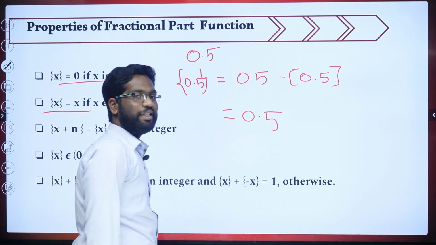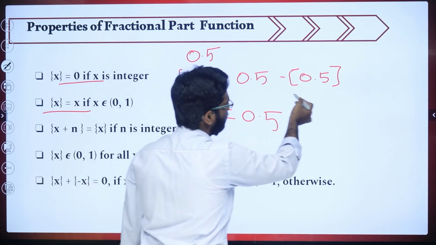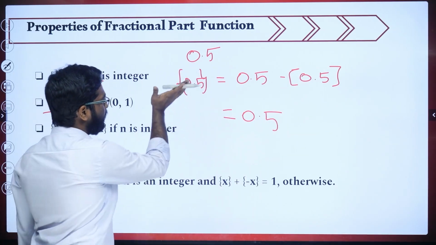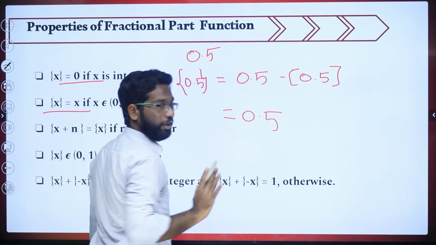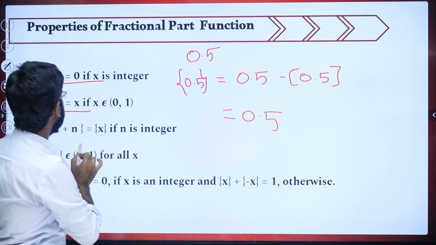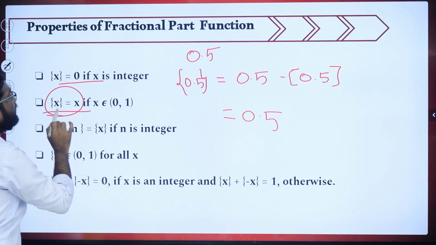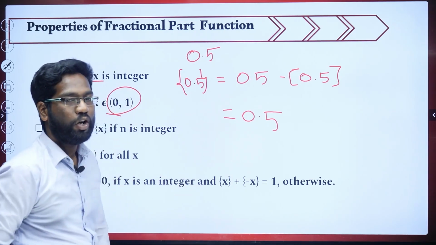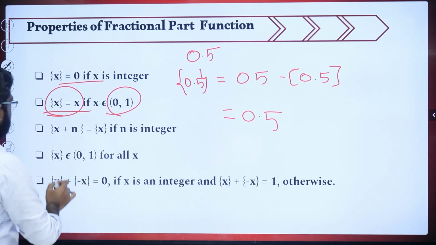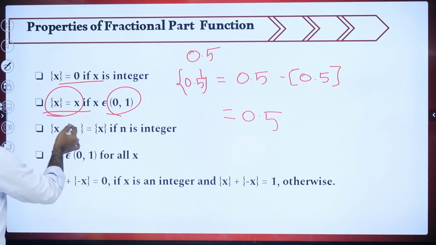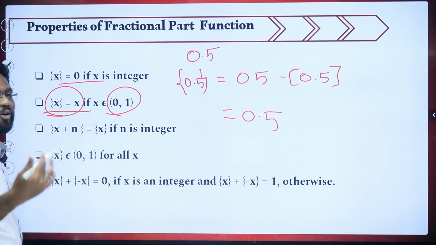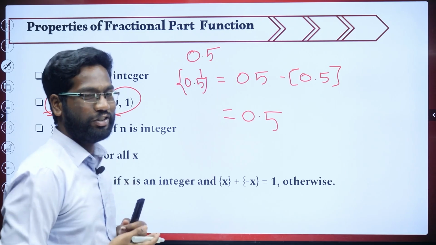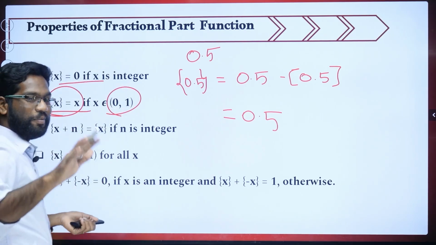Because this greatest integer function value always becomes 0 here, my dear students. So whatever value I take, that only will come here. So they are saying the fractional part of x is equal to x if x belongs to (0, 1). Sorry, so many times I said the greatest integer function, it's always coming like that, sorry my dear students.